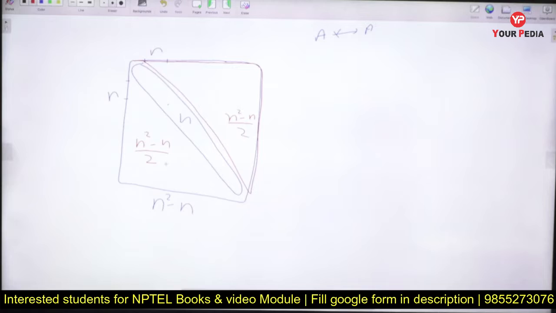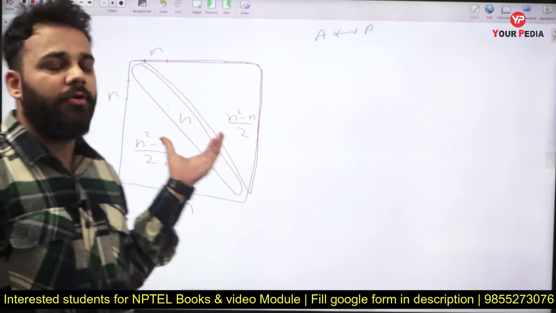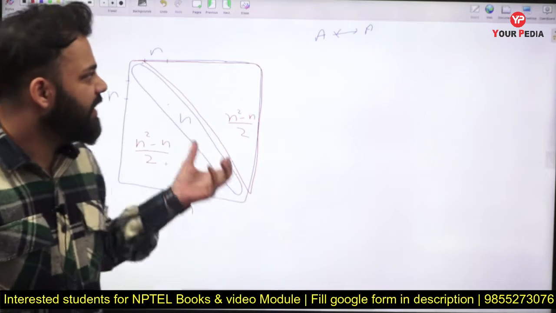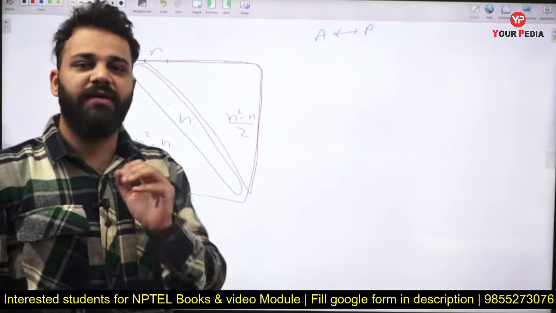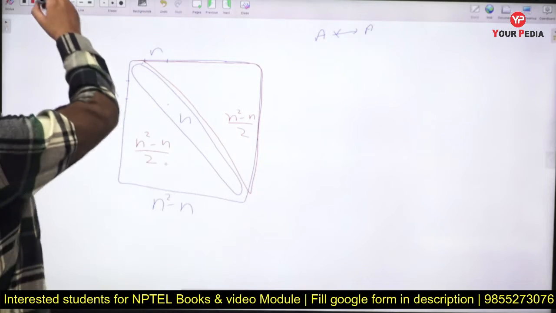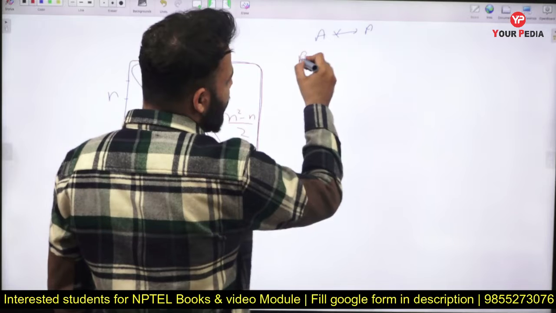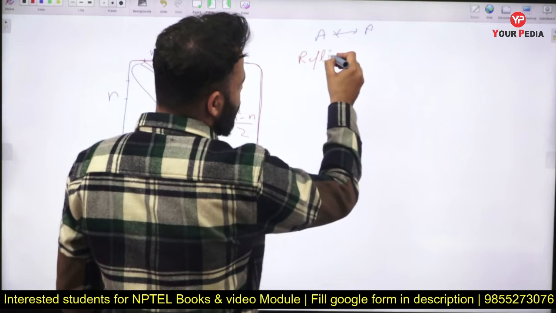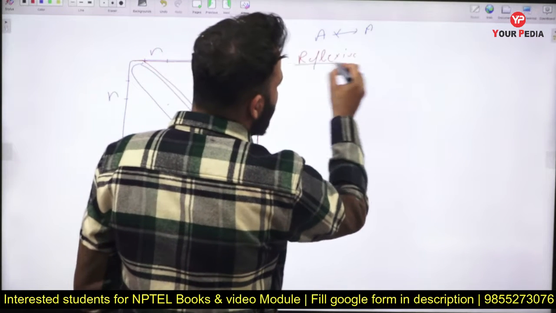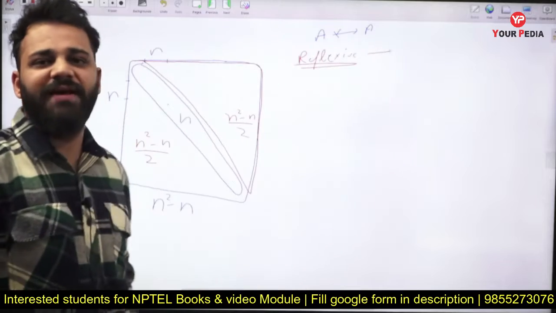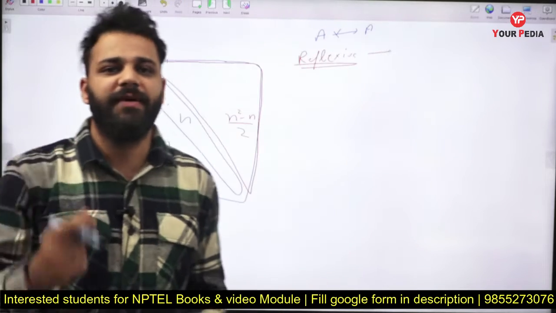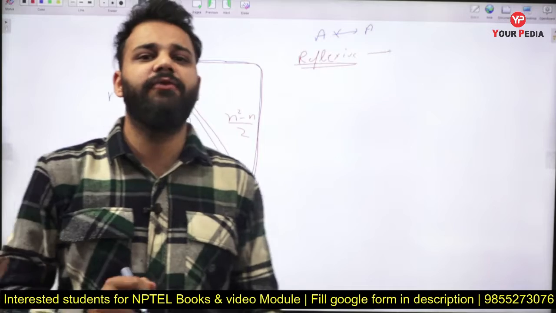Now when you understand the concept of dividing the elements, then the real work starts: how to find reflexive elements, how to find symmetric elements. Let's say reflexive elements first. Now in reflexive relations, you need to have self loops. If you have n elements, you need to have n self loops for that.